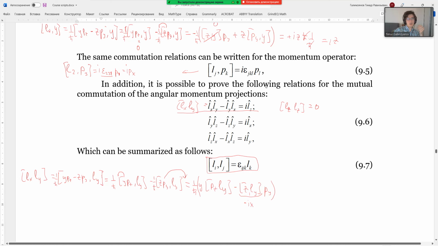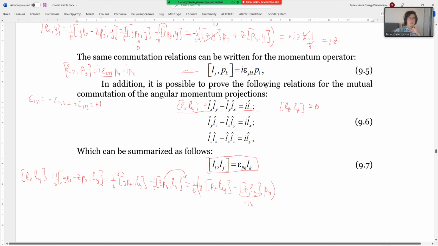So let's move. Let's count the switches. So epsilon 2, 3, 1 equals to minus epsilon 2, 1, 3 equals to plus epsilon 1, 2, 3 equals to plus 1.